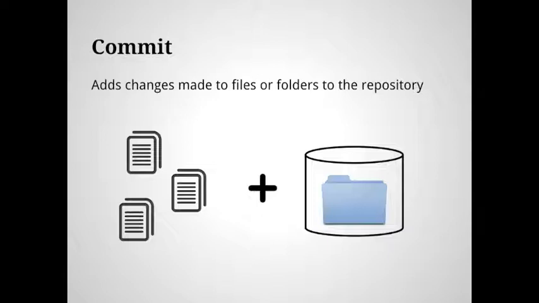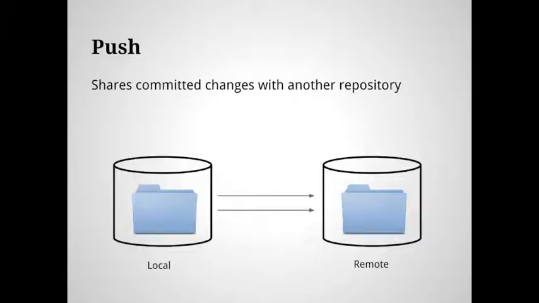Once the changes are committed to the repository, they're really only available in your local repository, that is to say the one that you're working on. If you want to share those changes with another repository, you can do that using a push.